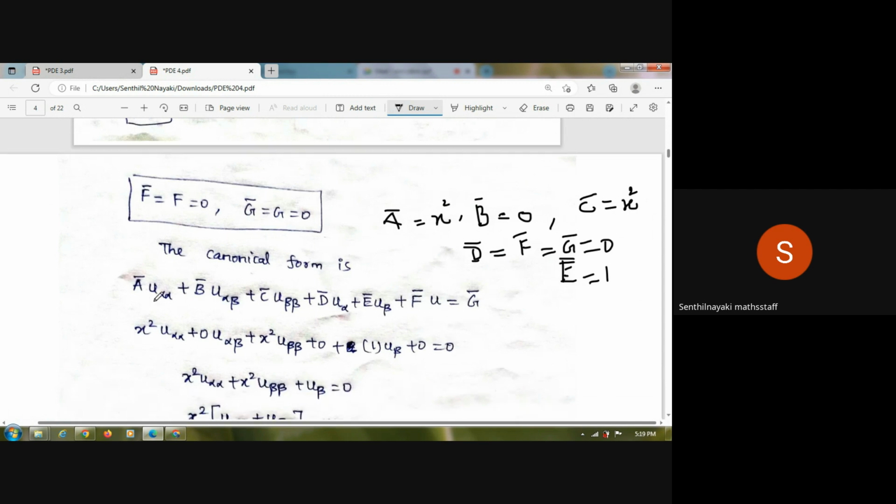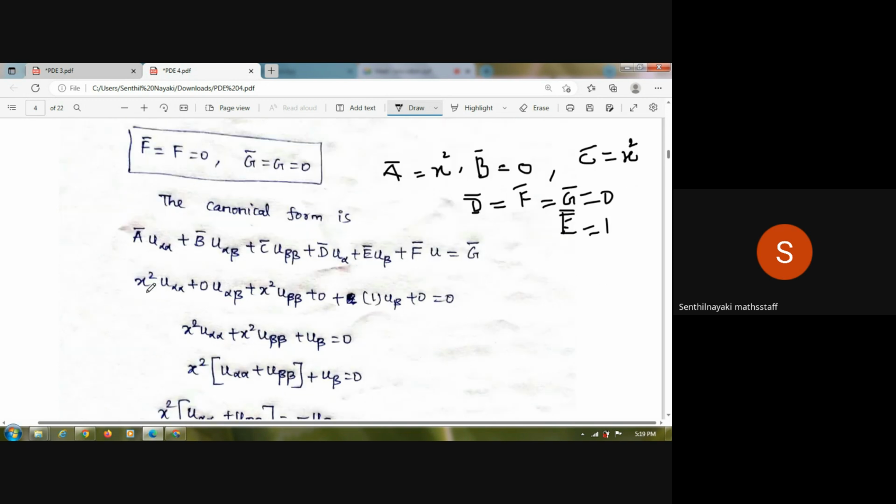A bar equals x square u alpha alpha plus b bar is 0 u alpha beta, c bar is x square then u beta beta, d bar 0, e bar 1, 1 into u beta, f bar 0 into u equals g bar, that is also 0.